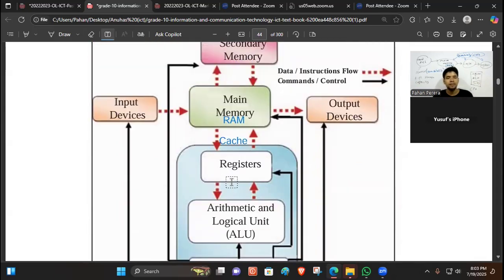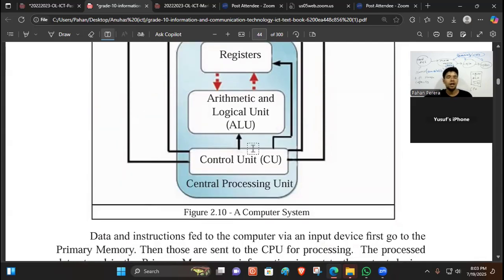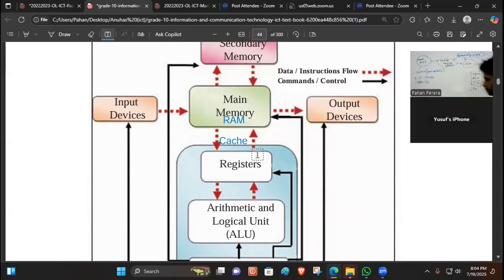By that control, the computer gives us the chance to process data, store things, and take outputs. The data and instructions which we need to process, input, output, or store are marked in dotted lines. But as a system, the computer should be managed by some unit, and that task is done by the control unit.